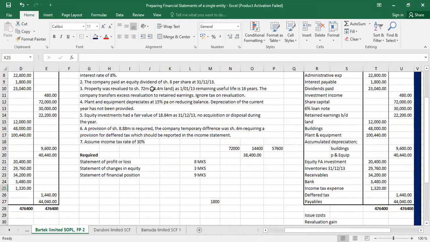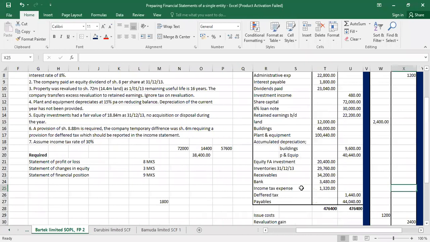So building is the remaining, isn't it? The 72 minus 14.4. We did it here, 72 minus 14.4. You get that what is remaining is 38,400, isn't it? So we'll come to our building, and for clarification, because it's a revaluation, it means we're starting a new cost, isn't it? So we'll remove the accumulated depreciation and also the cost.